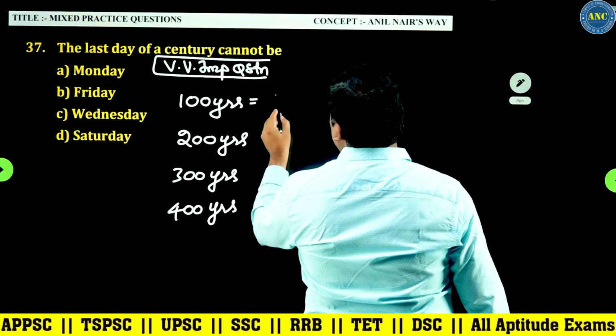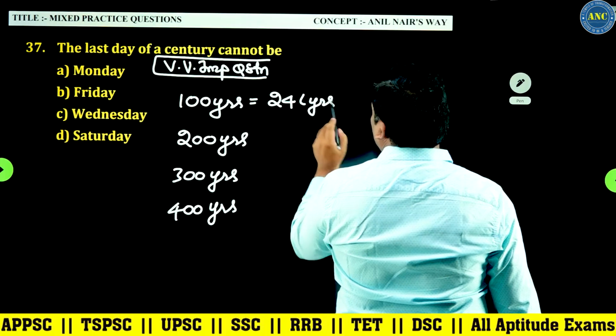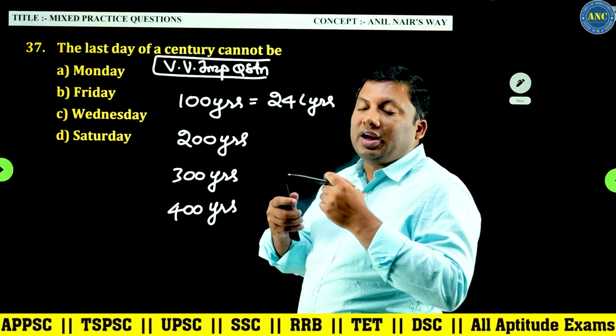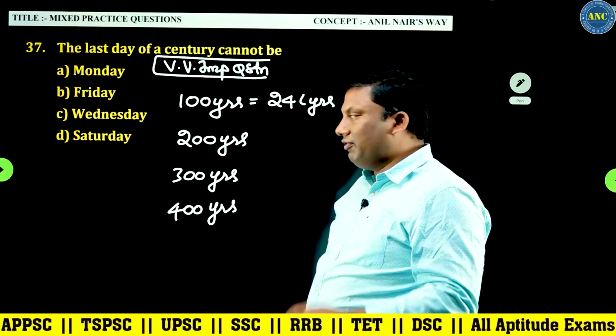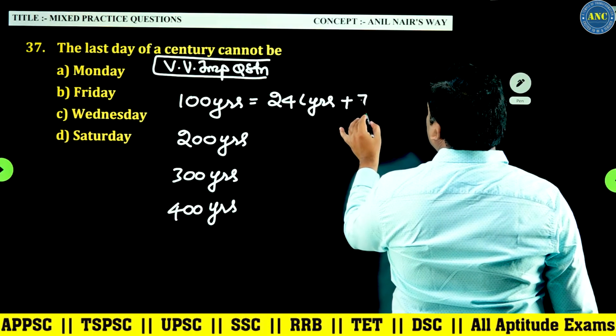That means in 100 years, there will be 24 leap years. What are the 24 leap years? Multiples of 4 from 0 to 100. 24 leap years and 76 non-leap years.